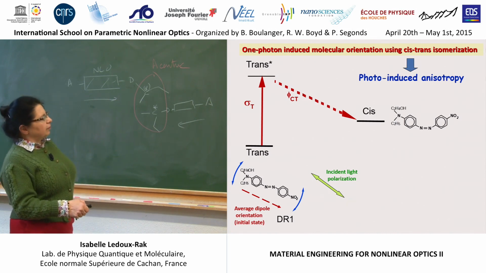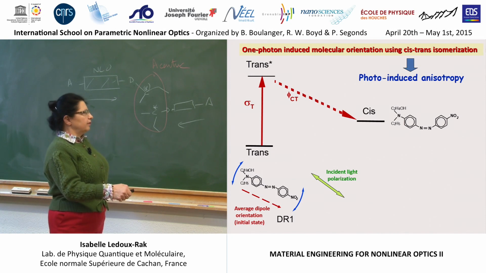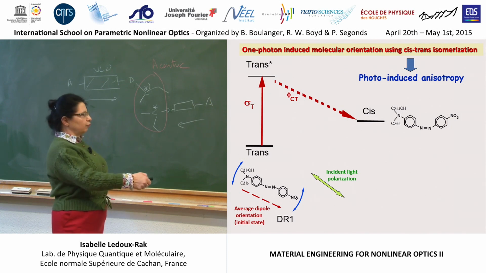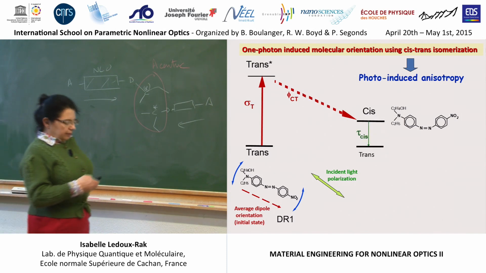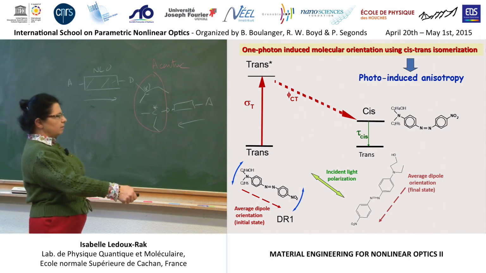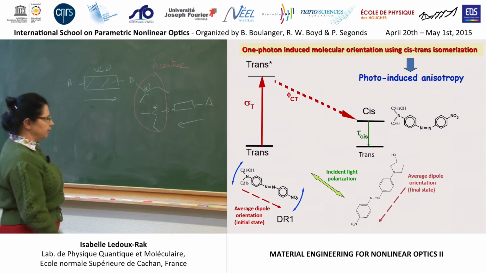But you can see that relaxation can occur in two ways. This group can go back down, resulting in the same orientation, but this group can also come down and result in another orientation. And this process results in an orientation which can be different from the initial one.